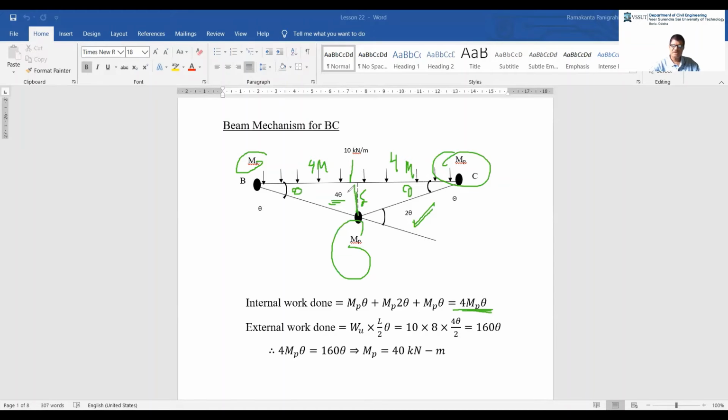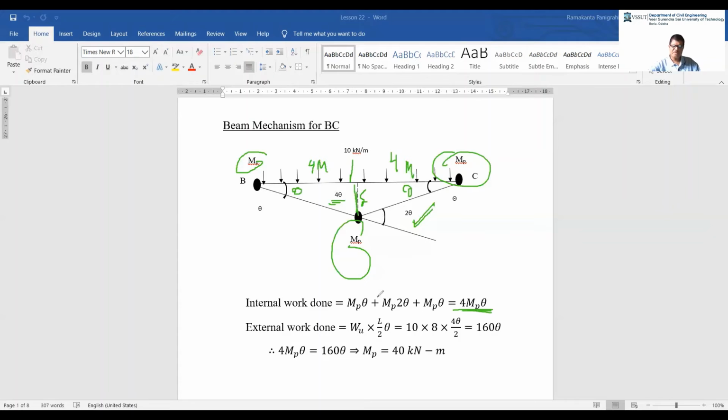Wu into L by 2 into delta, where L by 2 is 8 by 2, and delta is equal to 4 theta.